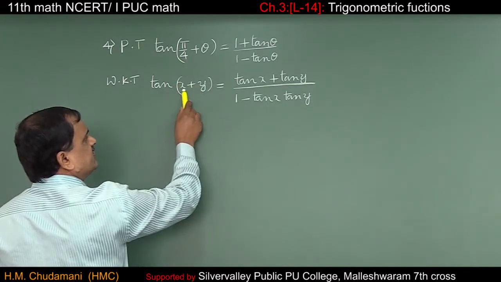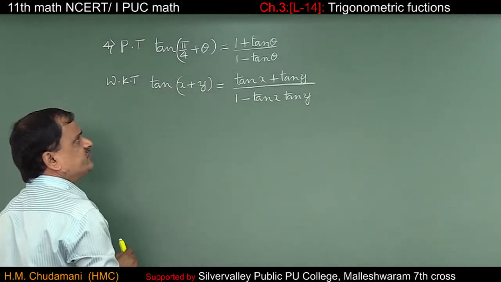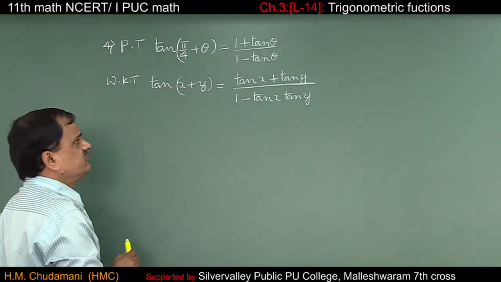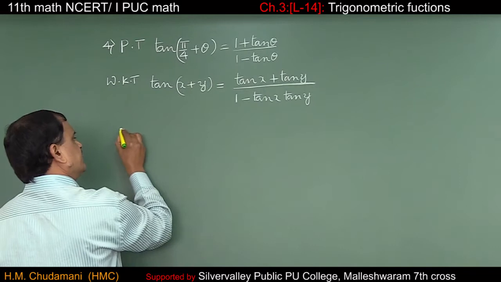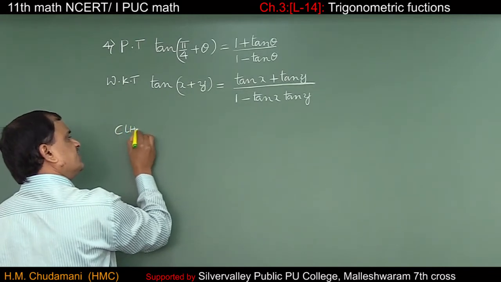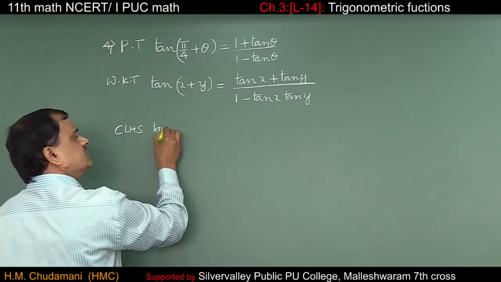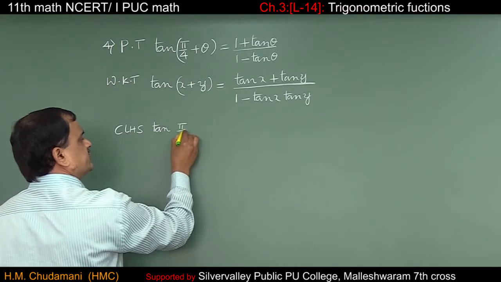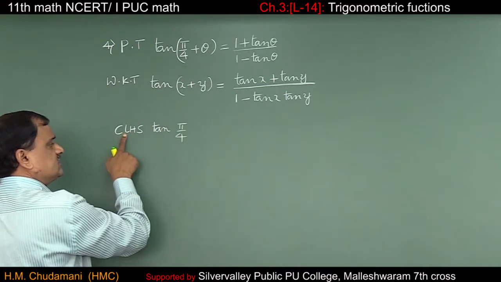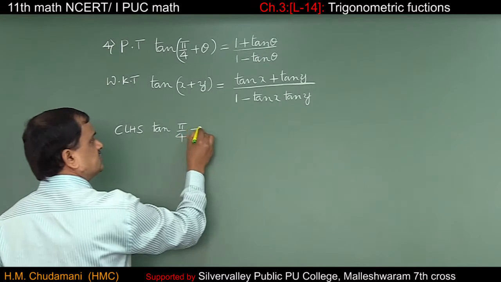X is pi by 4, y is theta. Therefore, I just take the left hand side to prove the RHS. Consider the left hand side.